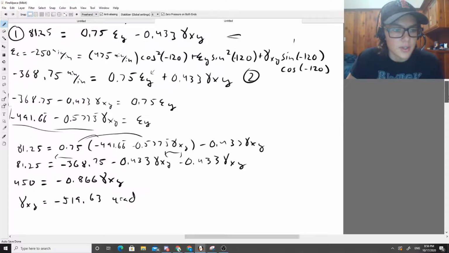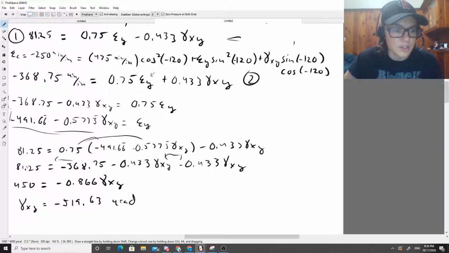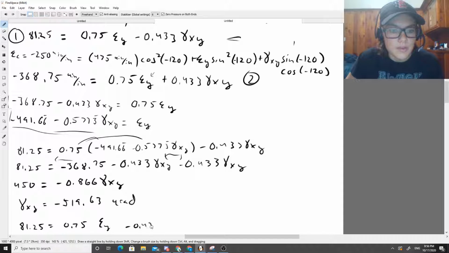And now that we have solved for gamma xy, we'll plug it in to our first equation once again. So I'm going to keep that up. 81.25 is equal to 0.75 strain y, which is what we're solving for, minus 0.433 negative 519.63.